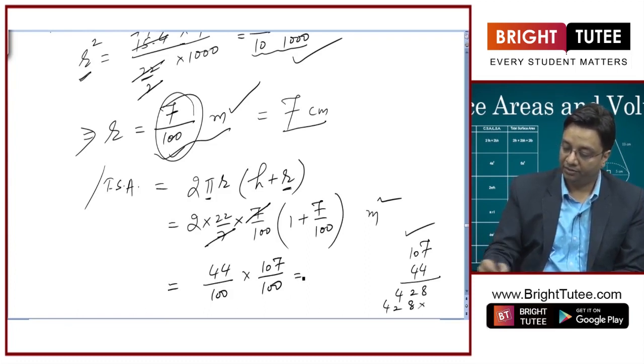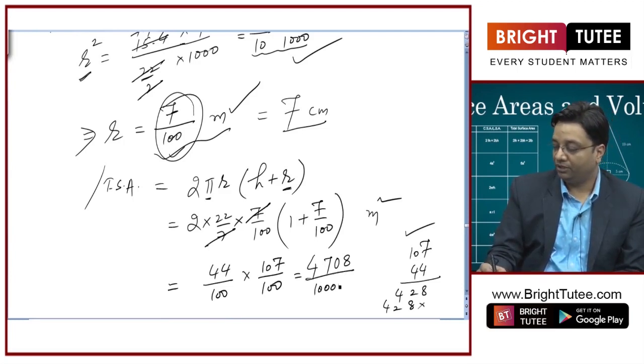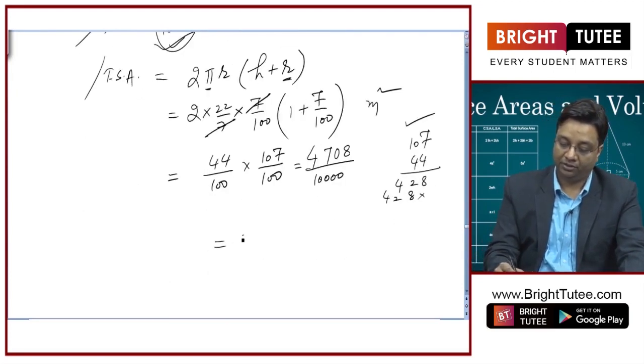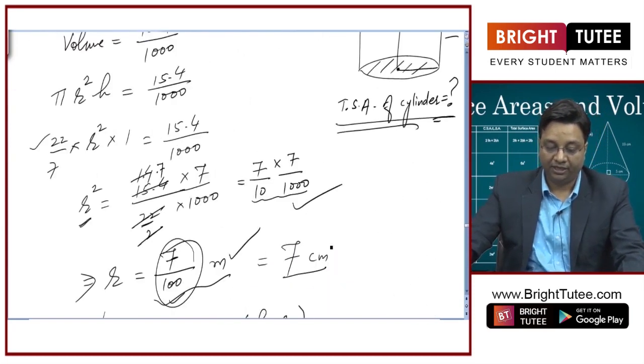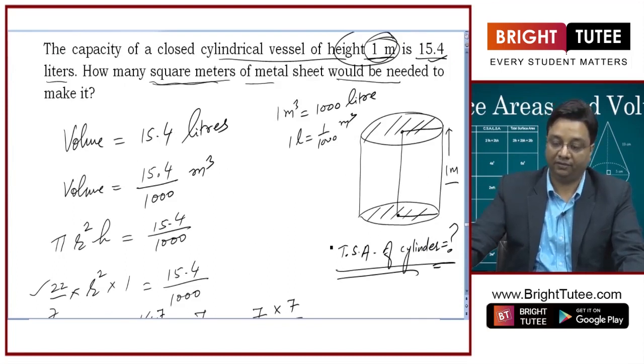So the numerator will be 4708, and it is divided by 1, 2, 3, 4 zeros here. So this will be equal to 0.4708 meter square. So this much metal sheet is required to make this cylindrical vessel. Okay.